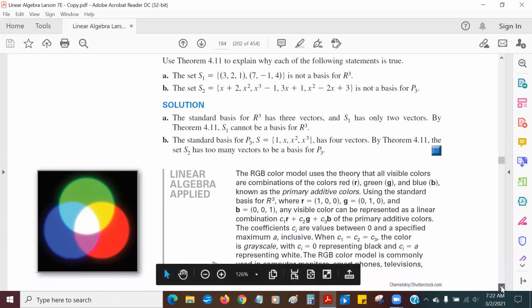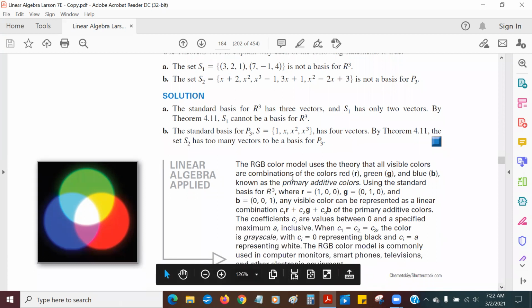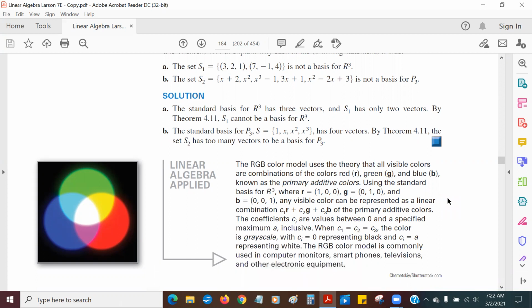This is really interesting. I find this is sort of an application: the RGB color model, and the 3 primary colors are red, green, and blue. First of all, as a kid, I remember learning that the three primary colors were red, blue, and yellow. What I learned was that if you're drawing colors on paper, then yellow is one of the primary colors.